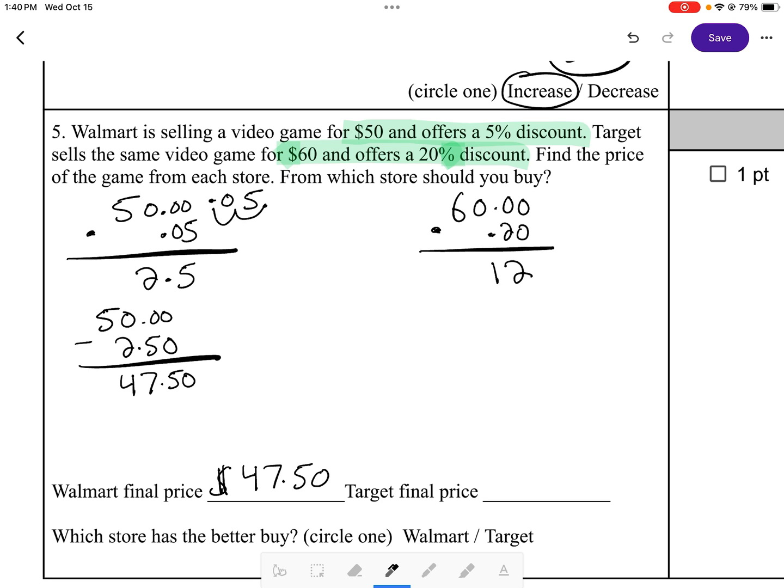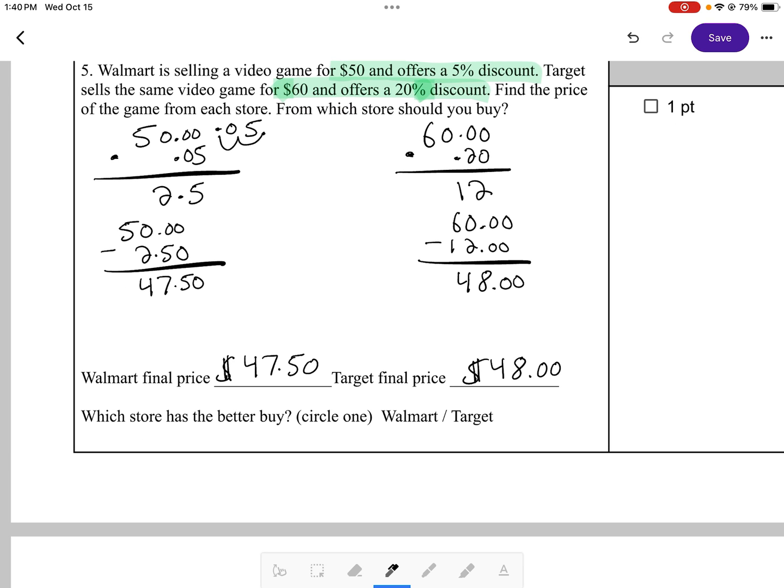Then it's a discount, so I want to subtract my original $60 minus 12. And 60 minus 12 is $48. So which one is a better buy, Walmart or Target? And it looks like here Walmart is a better buy, so I'm going to circle Walmart.